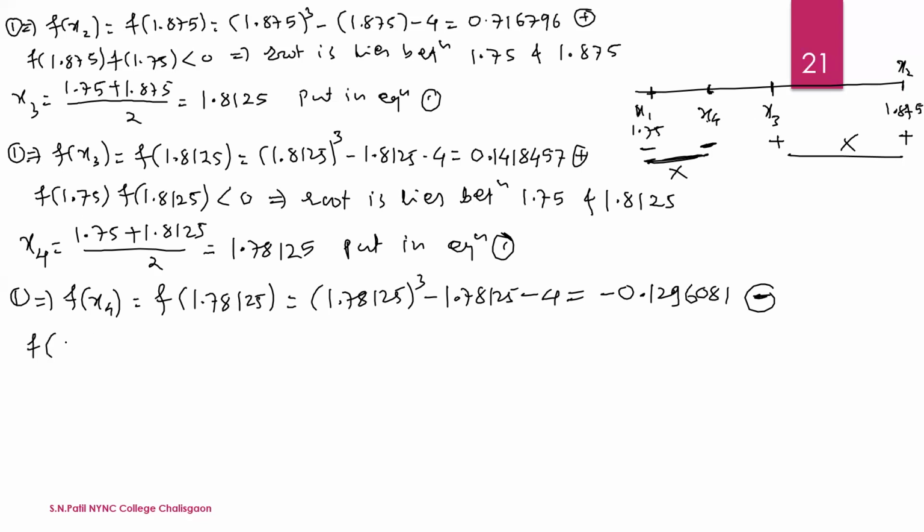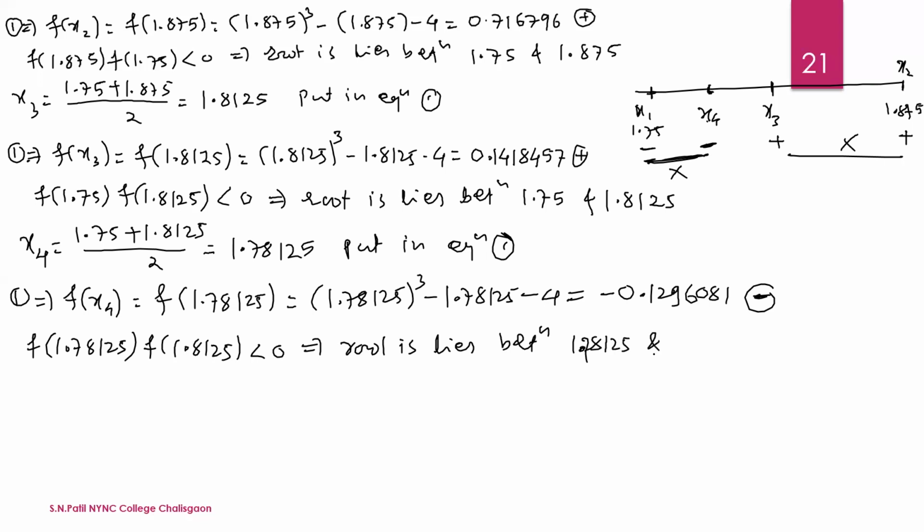Product f of 1.78125, this is the x4 value, and f of x3, that means 1.8125, its product is negative. That is, the root lies between 1.78125 and 1.8125.